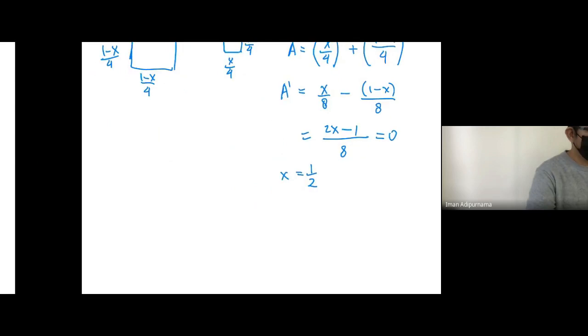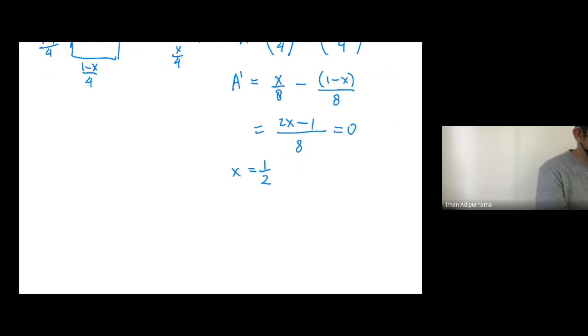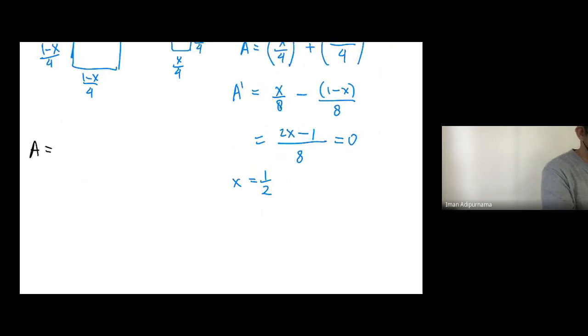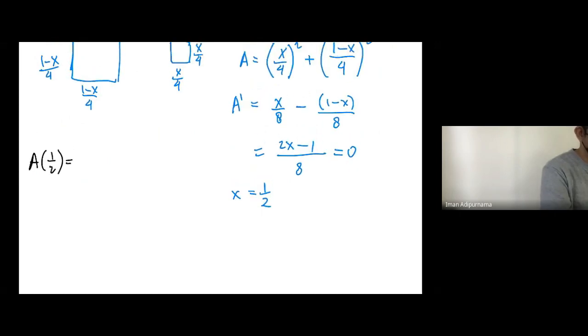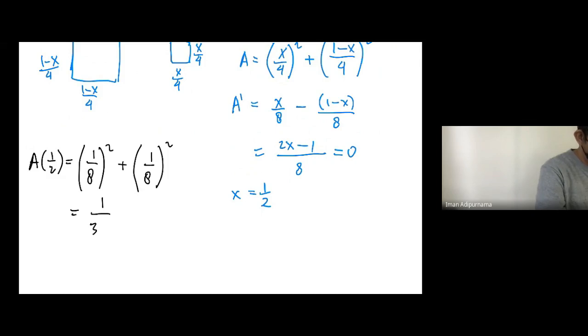And then if you do this, you get x is half, so you plug in a half and check the result. This will be 1 over 8 plus 1 over 8, which is 1 over 32, or 2 divided by 64, so this is 1 over 32.